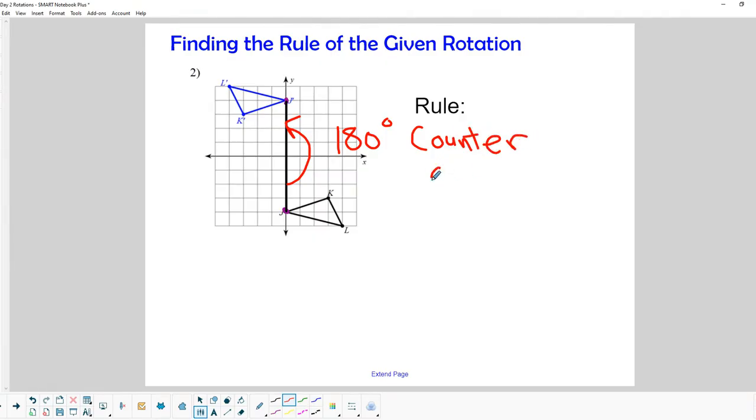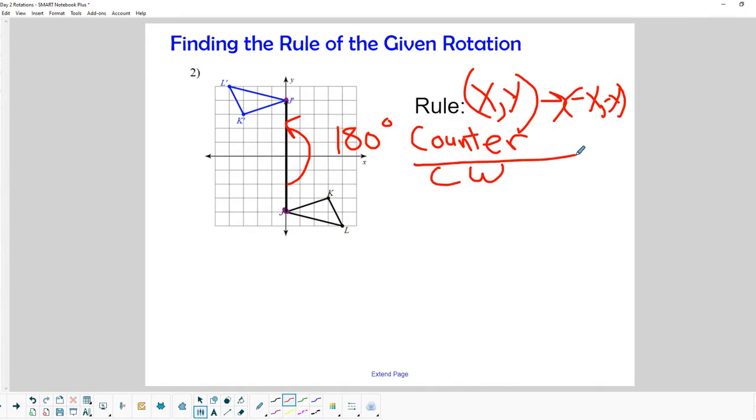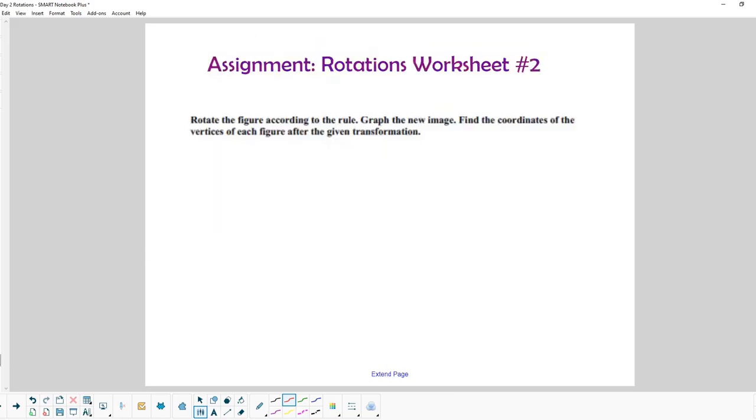Counterclockwise. Now, what happens to the x and y values there? Well, x and y, when they rotate like that, become negative x, negative y. And it depends on how they ask the question, whether or not they're looking for this or for this. So watch it on your worksheet.